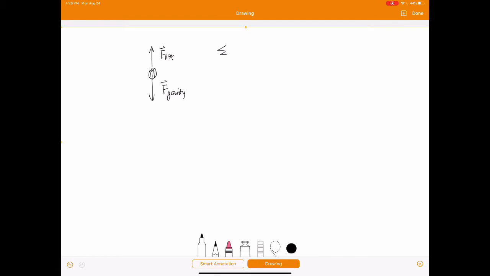We can apply F equals ma, Newton's second law, to the ball. But the thing about the acceleration of the ball is we can immediately set it to 0, because the ball is just moving at a constant speed in a straight line. Therefore, on the left side of the equation, where we add the forces together, we have F lift plus F gravity.